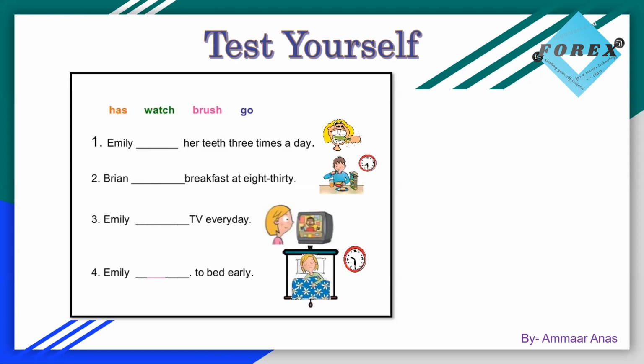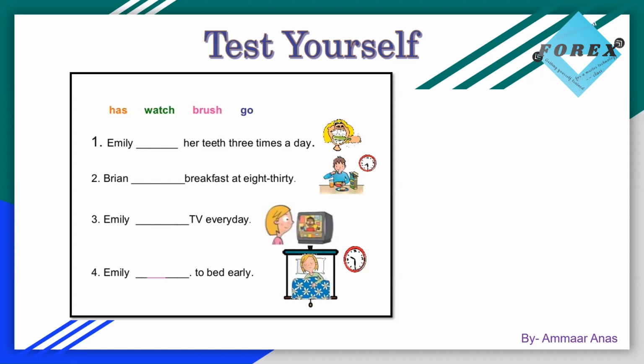Now you can see those images. It shows he's brushing. So Emily brush her teeth 3 times a day won't be right, because Emily brushes. We put es as we discussed, s or es when it's third person singular. And then we have he's eating breakfast. So Brian has breakfast at 8:30.